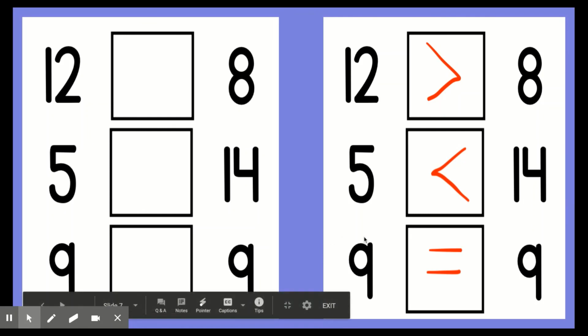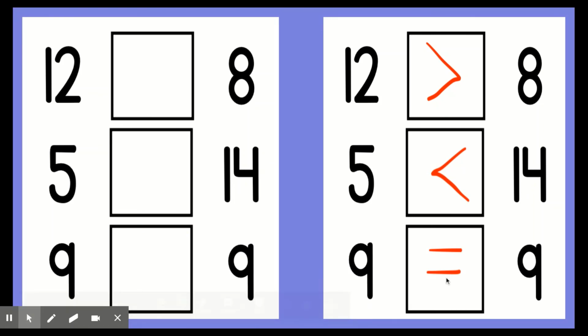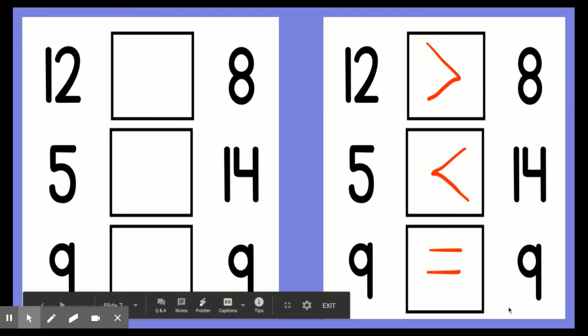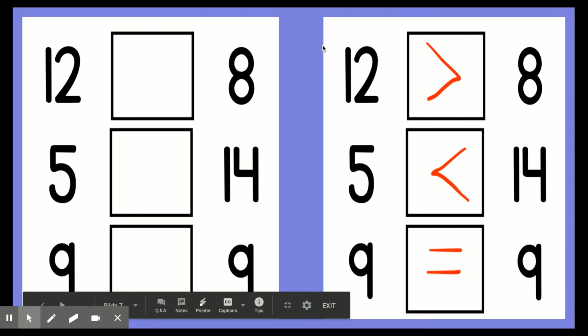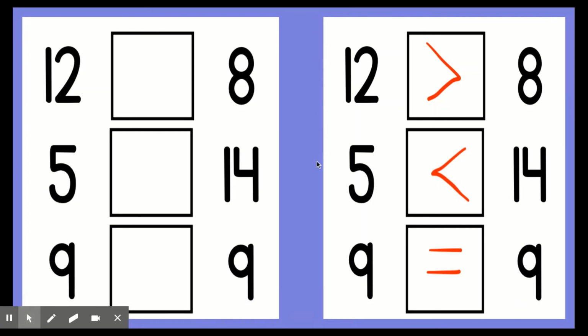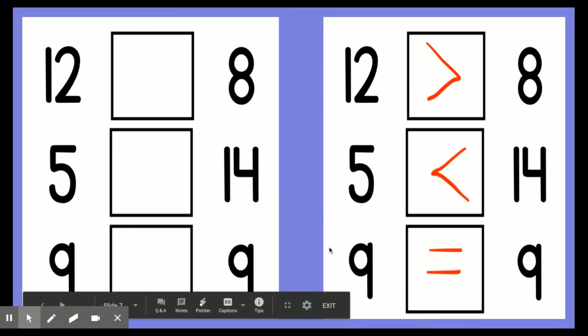For the third example, you probably recognize that 9 and 9 are the same number. So if they're the same number, I'm going to use the equal sign to show that they are balanced, they are worth the same, they have the same value, okay? So in this first example, 12 is greater than 8. Second, 5 is less than 14. And the third one, 9 is equal to 9.